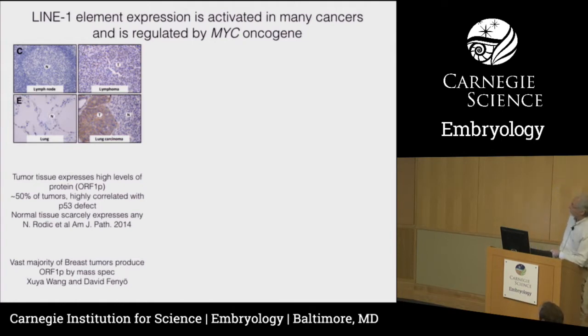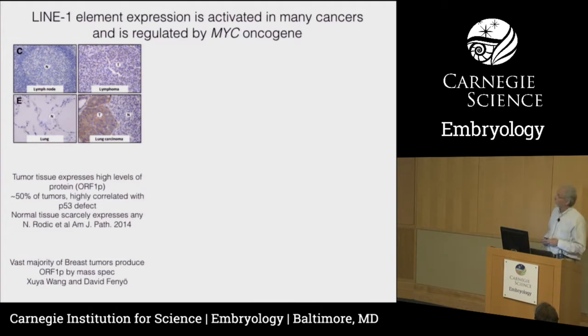Again, my colleague across town, Kathy Burns, has done extensive work on LINE element expression, and interestingly, about 50% of human tumors show very high levels of expression of the ORF2 protein, and this phenotype is highly correlated with p53 defective tumors.